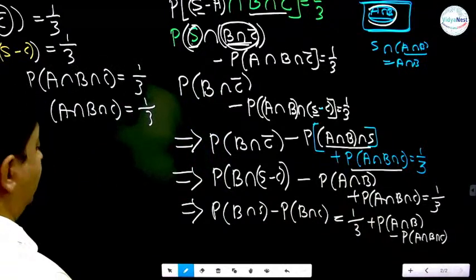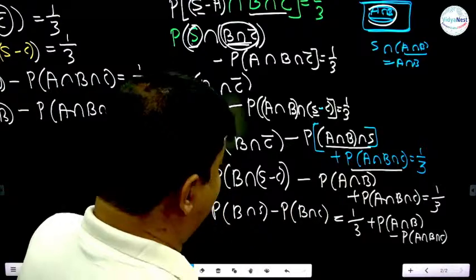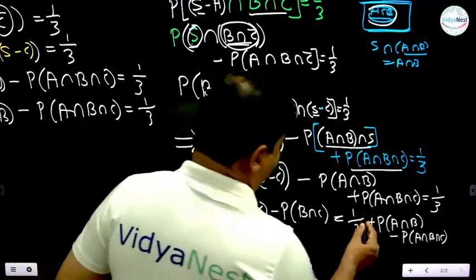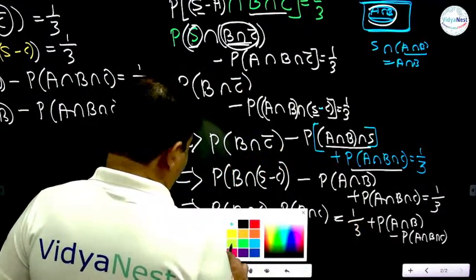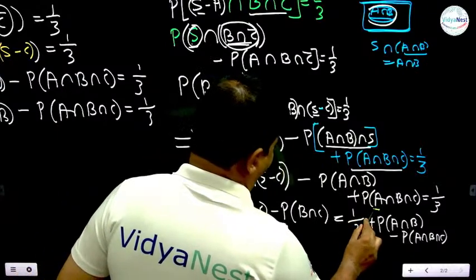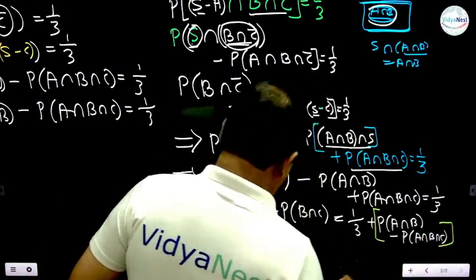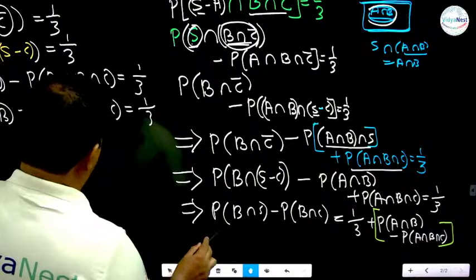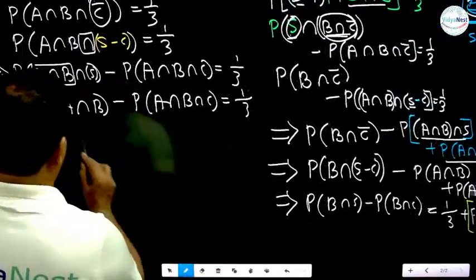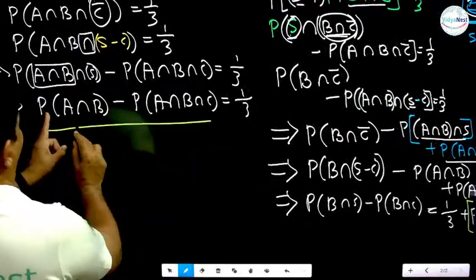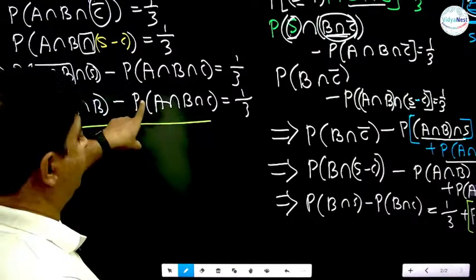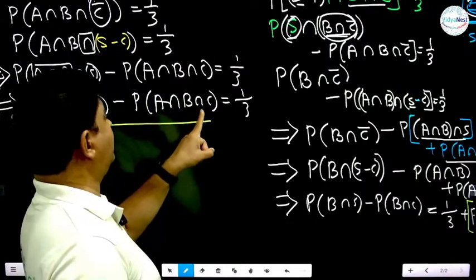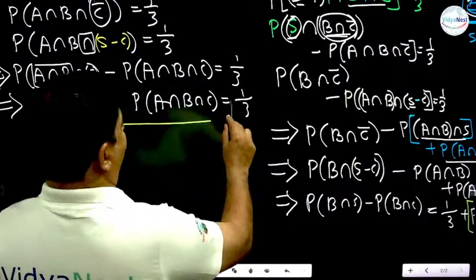Yes sir, okay. Now what is its use? Instead of this, what value can I put? See, a few minutes back we got that result: P of A intersection B minus P of A intersection B intersection C is 1/3.